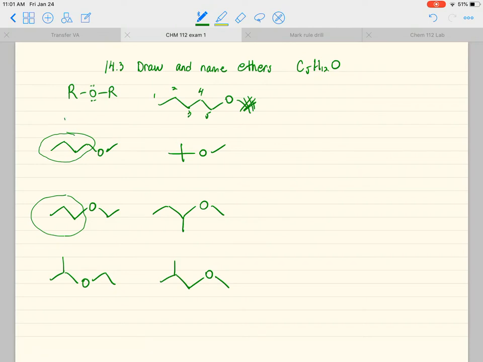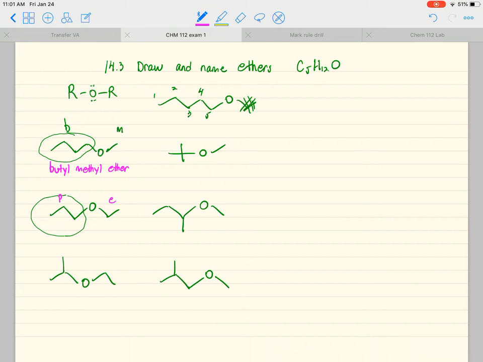This is butyl, and this is methyl. So alphabetizing this, we would write this as butyl methyl ether. Here, this is a propyl, and this is an ethyl.